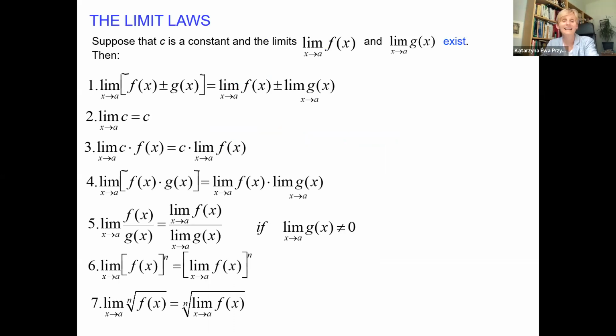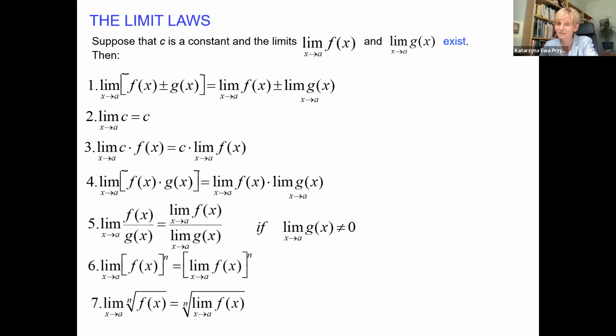Let's see. Limit laws. Yes, we have some of them here. Suppose that c is a constant, that means the value c is a constant, and the limits as x is approaching a of the functions f(x) and g(x) exist. Right? We have to have both limits exist for all of these properties.